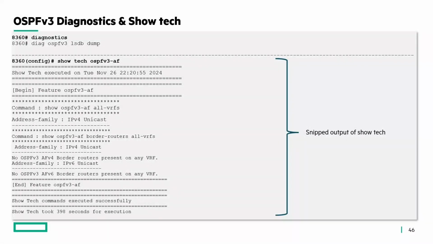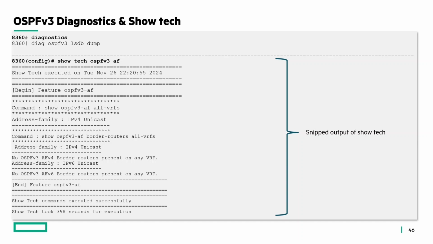So let's talk about OSPFv3 diagnostics and show tech. I get into the diag mode of 8360 and I issue the CLI diag OSPFv3 LSDB dump. This command can help give you the LSDB dump for that particular AOS-CX box. Following that is the show tech OSPFv3 AF.